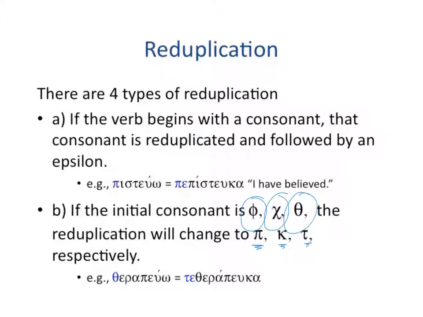So you have that t sound, right? So something like therapeuō, right, adds to tetherapeuka, which sounds kind of gross, but tetherapeuka, okay? So just be aware of that when you see it.